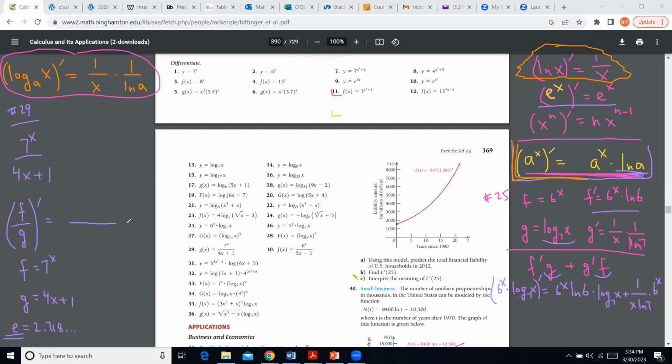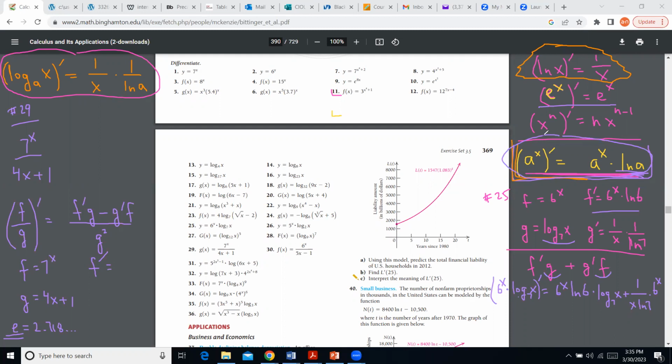So this will be f prime g minus g prime f. So in a way, the problems are pretty much the same. They're just tedious, right? The more you see them, the more you get used to them. And we're now using this new pair of formulas, and that's all it is.